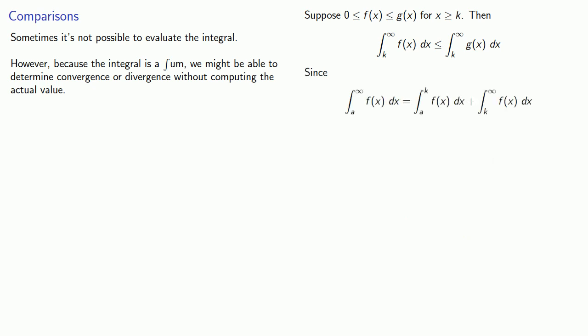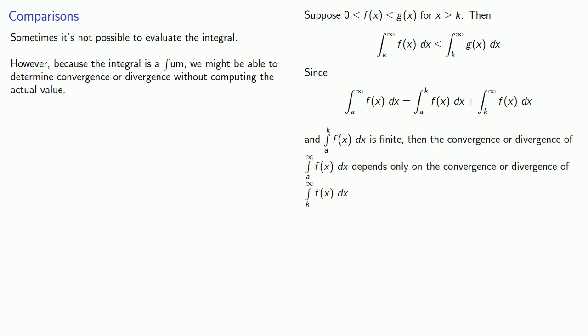Since the integral from a to infinity of f of x is the integral from a to k of f of x plus the integral from k to infinity of f of x dx, and the integral from a to k is finite, then the convergence or divergence of the integral from a to infinity depends only on the convergence or divergence of the integral from k to infinity. And a similar result holds for the integral from a to infinity of g of x.